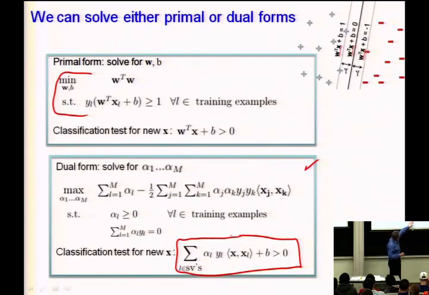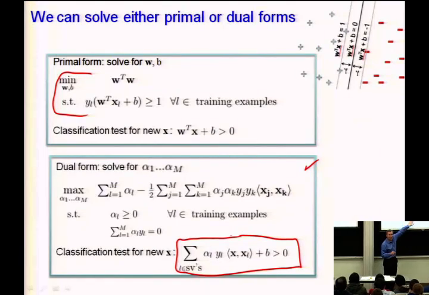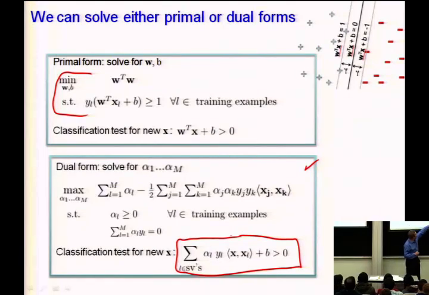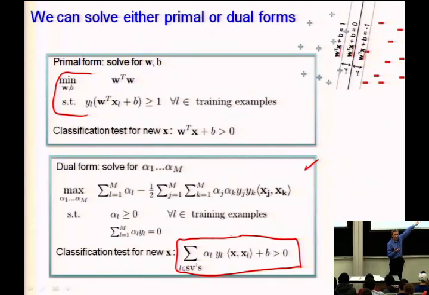And what am I going to sum? So I want to classify some new test example X. What I'm going to do is take the dot product of my new test example X with training example L, multiply that by plus or minus 1, depending on the label of training example L, and then some coefficient alpha, which is going to be positive.